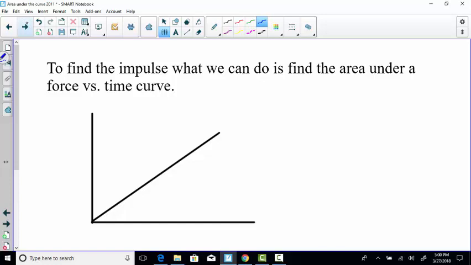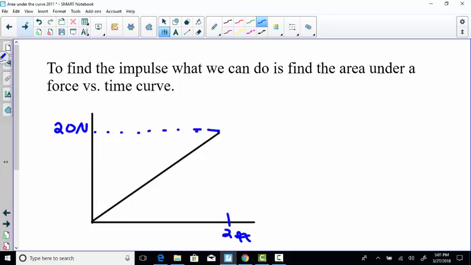So, what if we want to find the impulse under a force versus time graph that looks like this? I'm just going to throw a force here. Let's keep 20 newtons as my force that is applied for a time of 2 seconds again. How am I going to find the area under here?